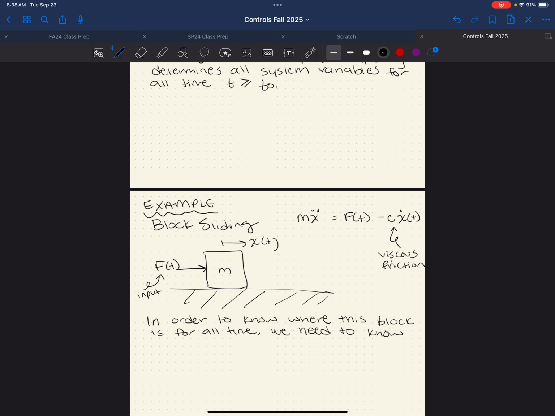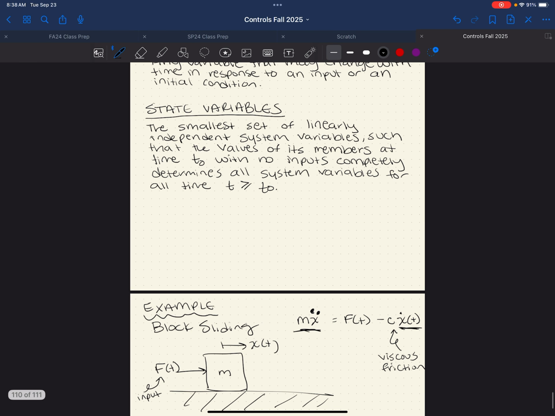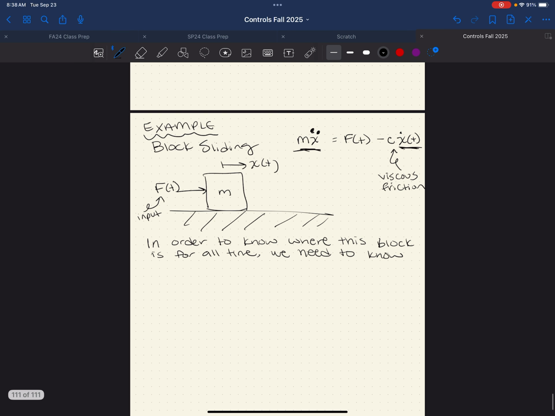So why do we not include acceleration? Well, acceleration here is completely determined by this x dot of t. Every other future derivative of x double dot is just the time derivative, or the multiple time derivatives, of this equation. So once we know an initial position and initial velocity, if our forcing function is none, right, because we said no inputs, then our position and velocity completely define all other system variables.